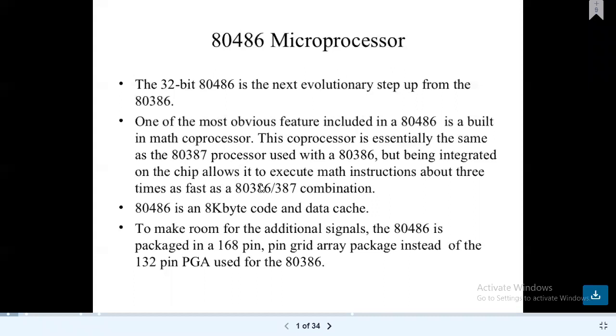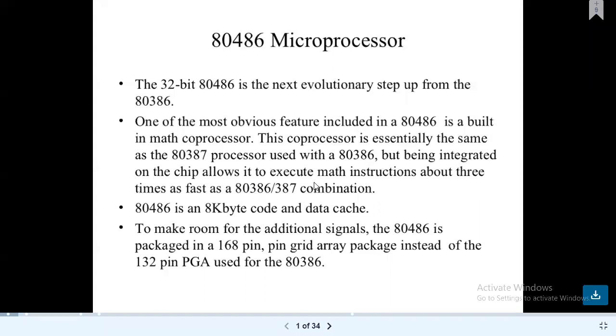One of the most obvious features included in the 80486 is the built-in math processor. Math processor means whatever mathematical functions there are, like trigonometric functions: sine, cosine, tan. All mathematical functions are added into the 80486, so it is easy to resolve mathematical functioning.